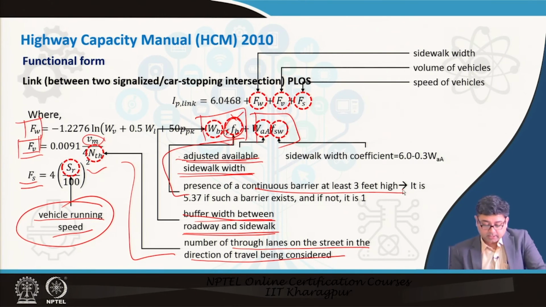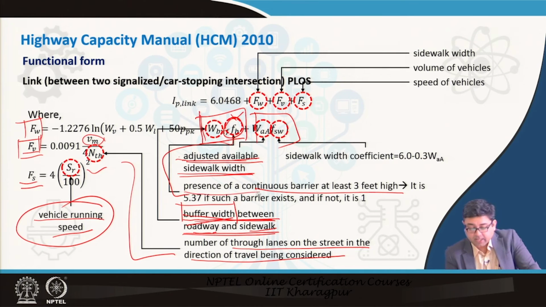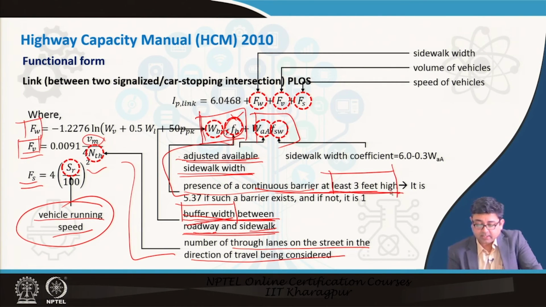So, let us make it clear again. For this term, you first have to understand the width between the roadway and the sidewalk, that is the buffer width. Once you know the buffer width, if you see the presence of that buffer continuously, and that buffer is at least 3 feet high, then this FB factor is 5.37.